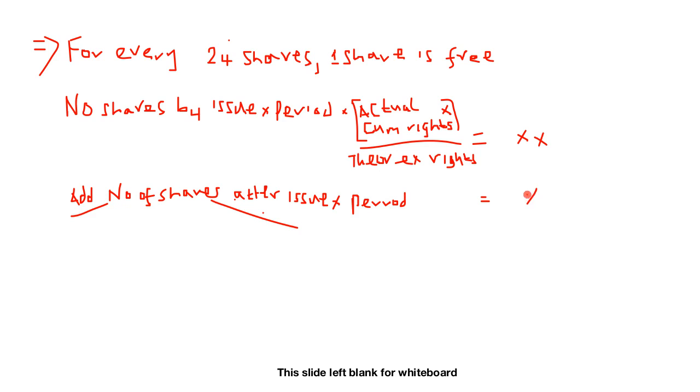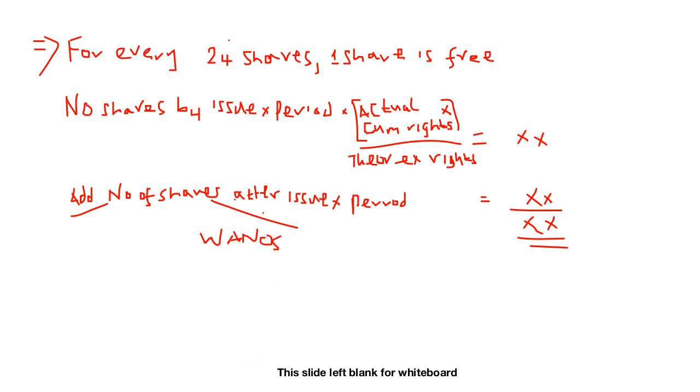So XX. And now when we add that, the sum that we'll get there will now be our WANOS.